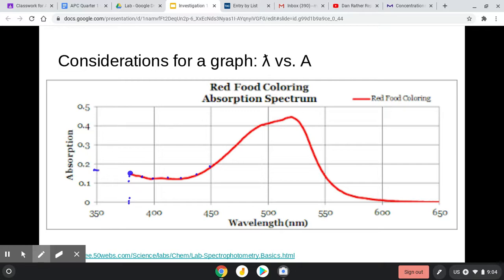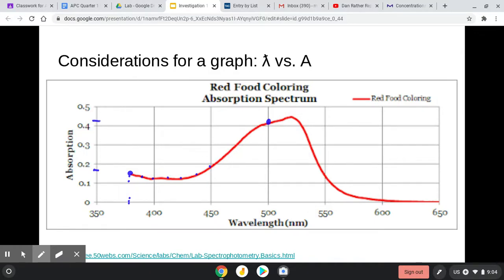for red food coloring. So you can see that the absorbance of red food coloring is not going to be the same at every single wavelength. You can see when the spectrophotometer is set to block all the wavelengths except for 500 nanometers, the absorbance is right above 0.4.